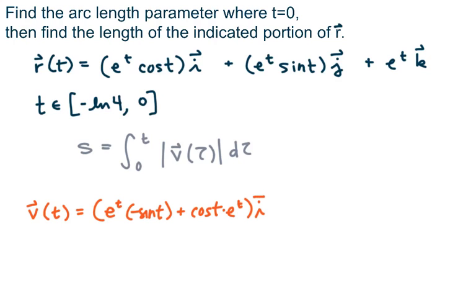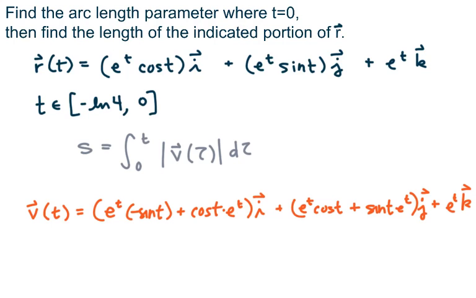That would be i, plus, so our derivative here, again using the product rule, we're going to get e to the t cosine t plus sine t times e to the t, and that would be j, plus the derivative of e to the t is e to the t, k.